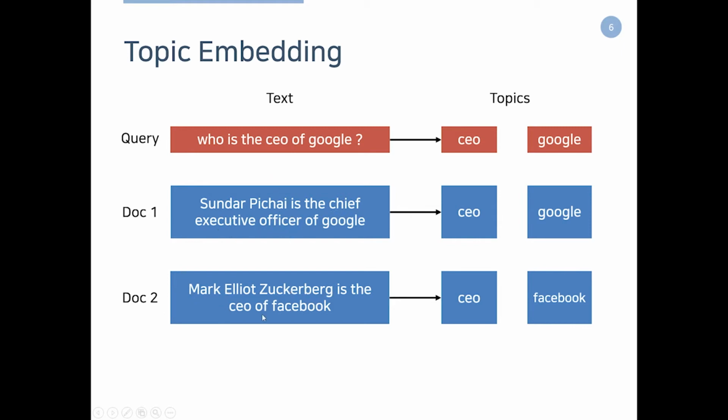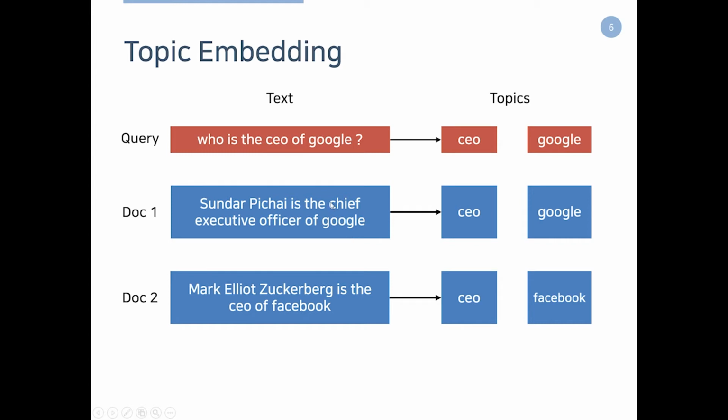However, document 2 has CEO, so in BM25 or BERT, it can give a high score to document 2 even though it doesn't have the answer.